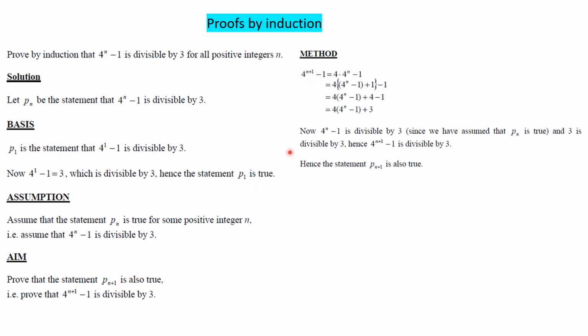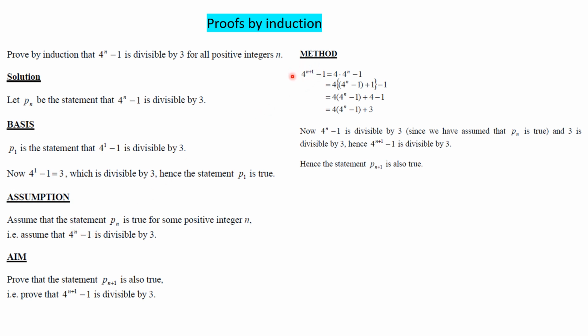So you want to show that for n plus 1, 4 to the power n plus 1 minus 1 is also divisible by 3. And usually you need to use some algebra techniques for the last step. You want to somehow get to the second step, which is 4 to the power n minus 1.